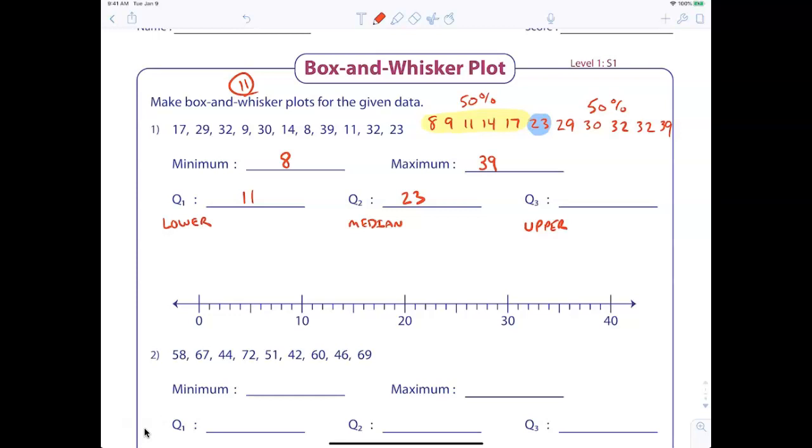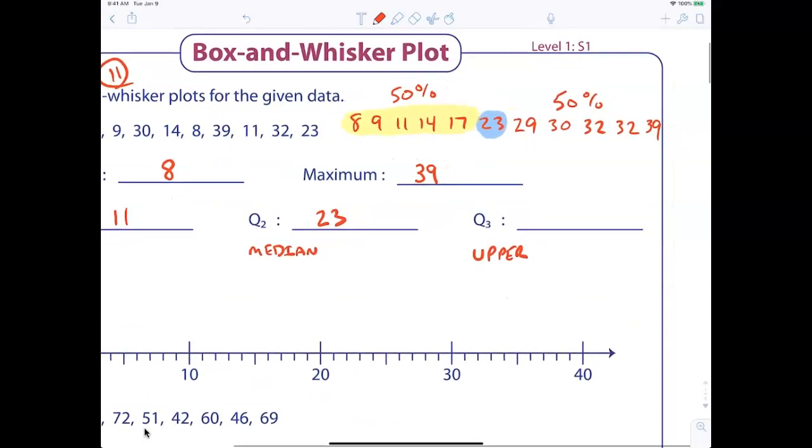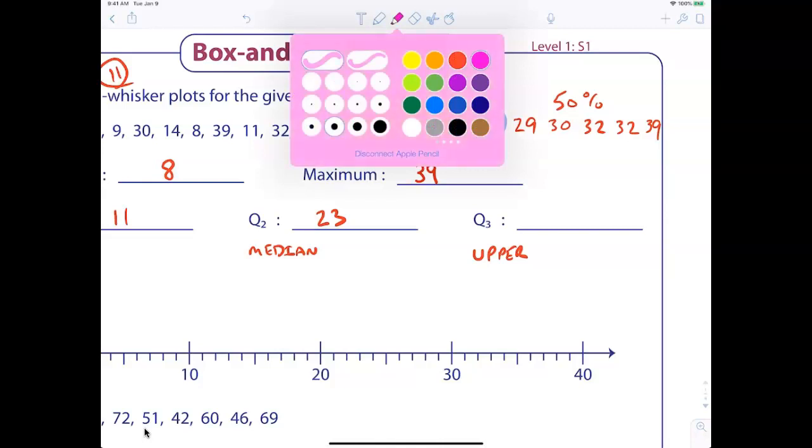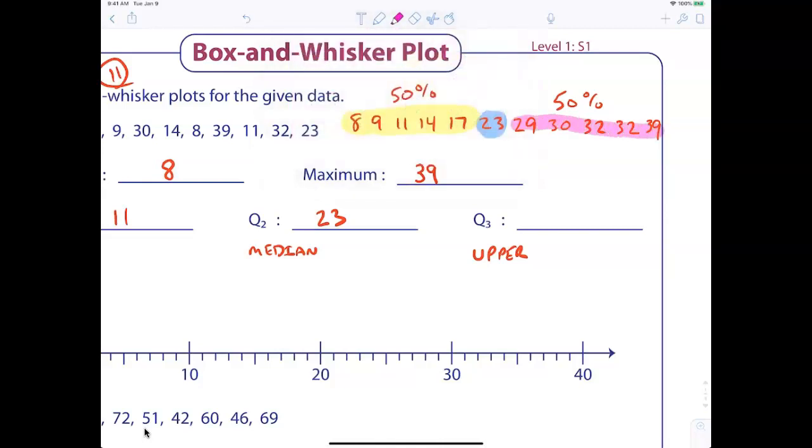All right. Now it's the time to speak up if I'm going too fast, if you're not sure. Now, the upper quartile, or quartile number 3, we're just looking at these guys right here, right? You're looking at those guys and tell me what's the median. 32. Does everybody agree with that?